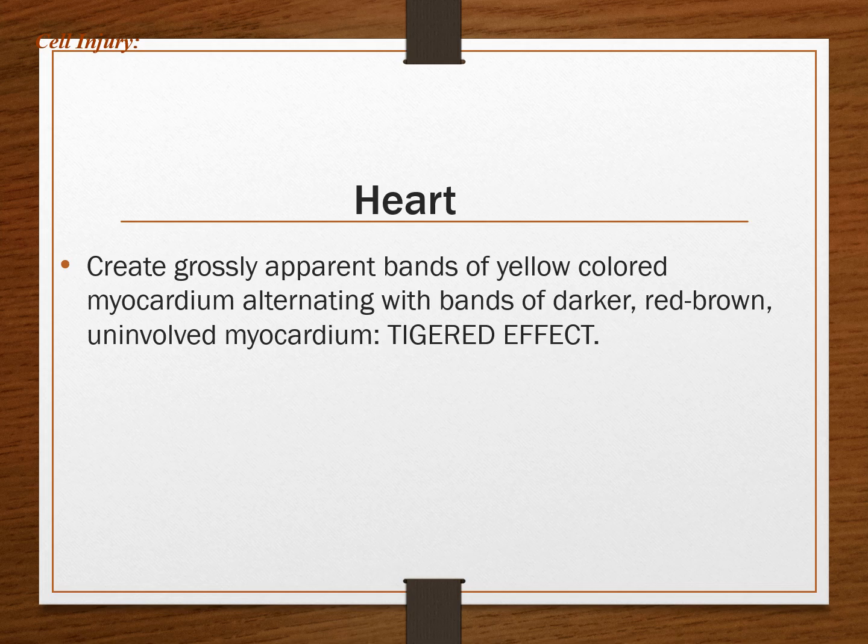So what is seen in fatty change in heart is the Tigroid effect: grossly apparent bands of yellow colored myocardium alternating with darker red brown bands of uninvolved myocardium is called the Tigroid effect.